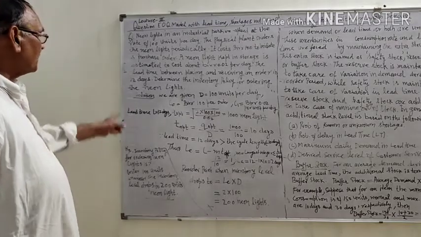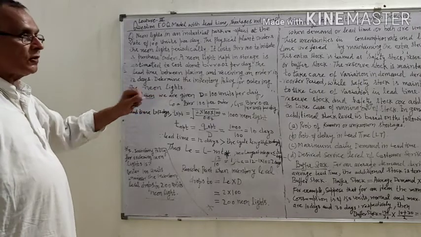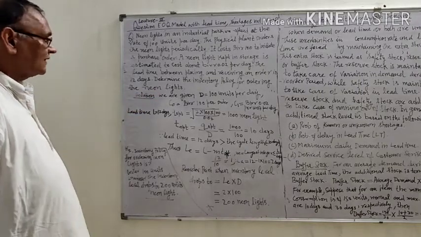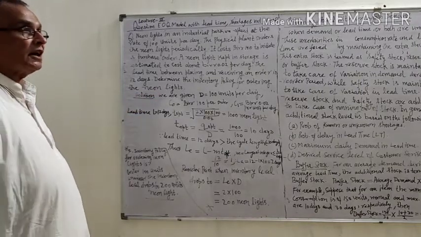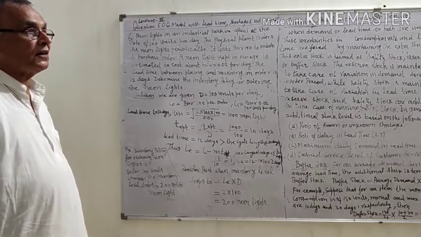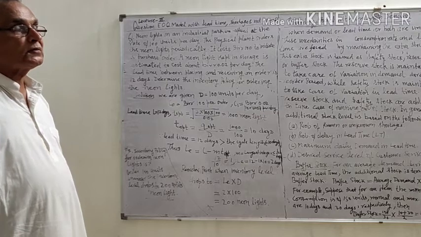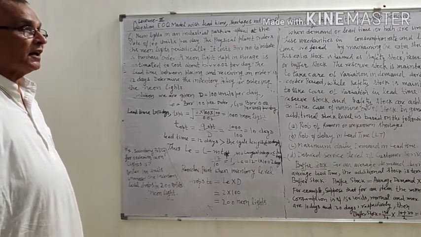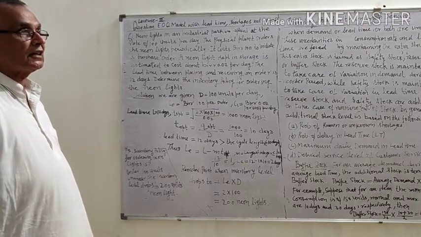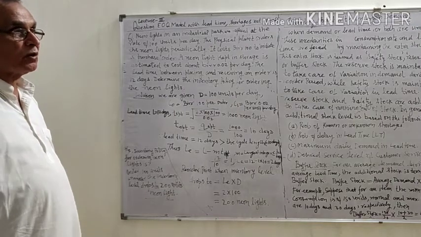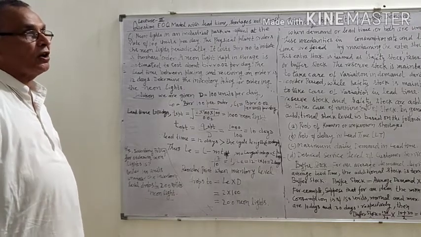So first of all we have to find Q optimum, and with the help of Q optimum we can find T optimum, which is the optimal cycle time. Then we compare whether the lead time is more than the cycle time or not.